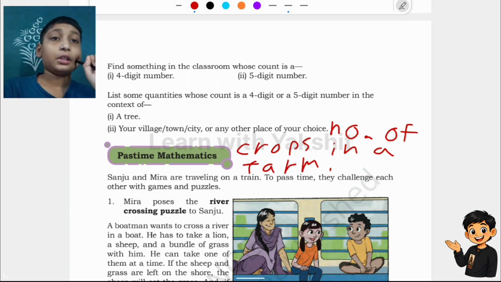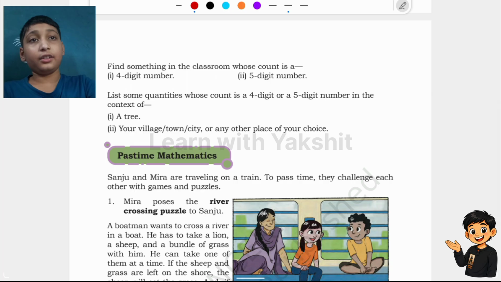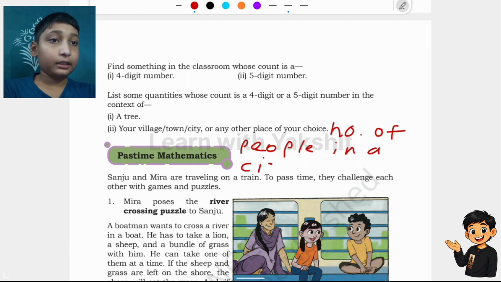And now for the 5-digit, there could be the number of people in a city. There. Now we finished the 5-digit numbers.